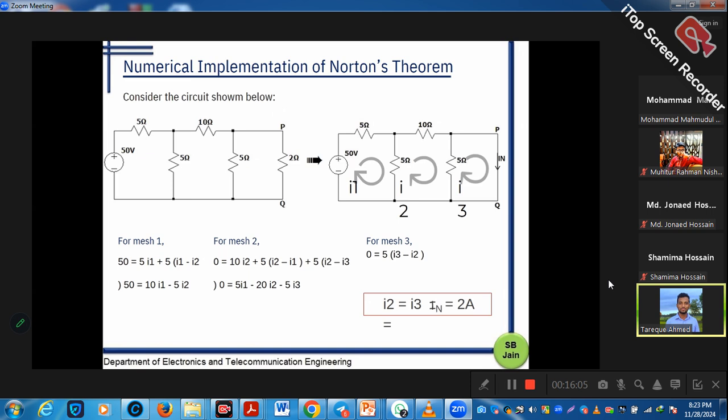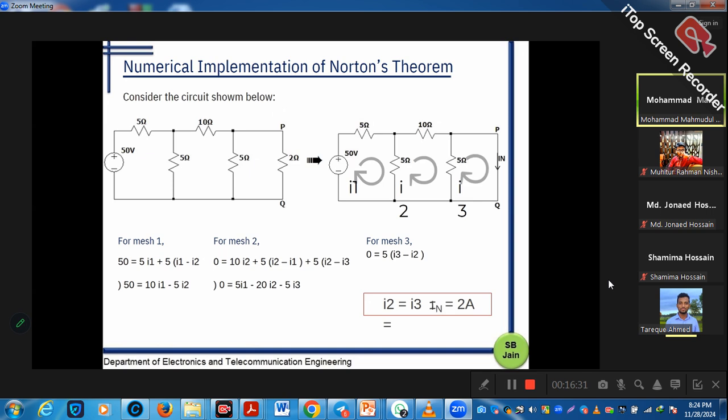Yes, sir. Norton equivalent resistance, a current source, and that is included. We are talking about the resistance. For example, in this slide, whatever figure you have mentioned in the left side, here we have seen that there are 5 resistors present.